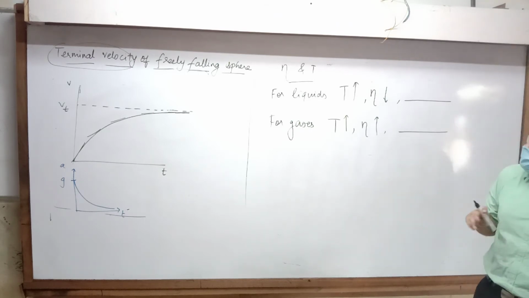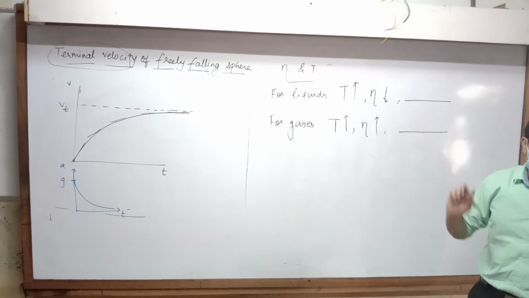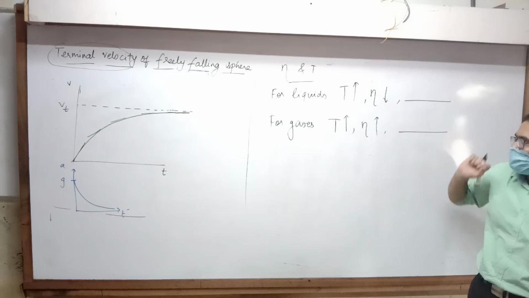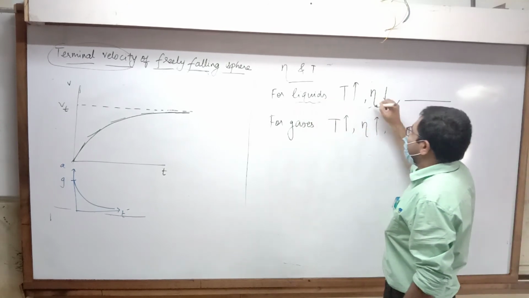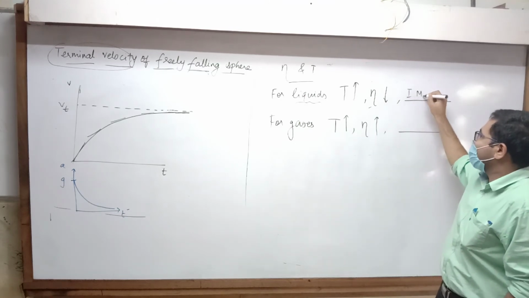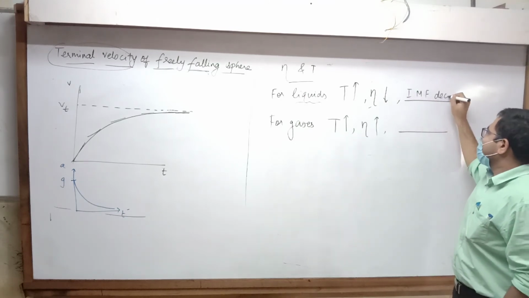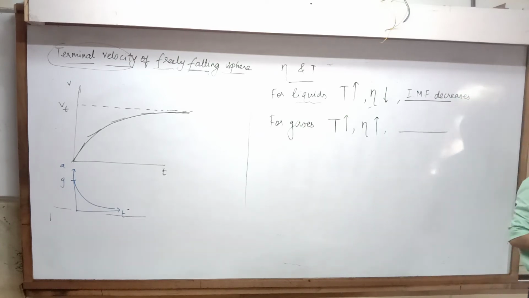Okay, so here for liquids, if temperature will increase, eta will decrease. Now why does that happen? See, because in liquids mostly viscosity is due to intermolecular forces. And I'm sure you know that as temperature will increase, intermolecular forces will decrease.